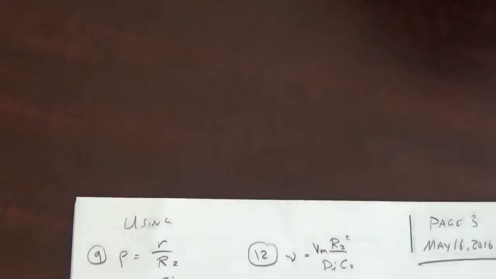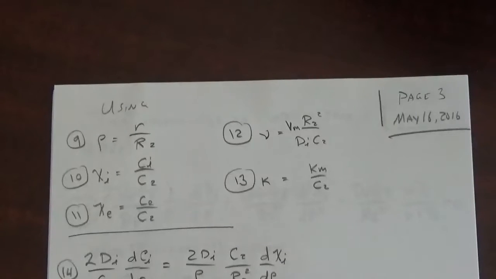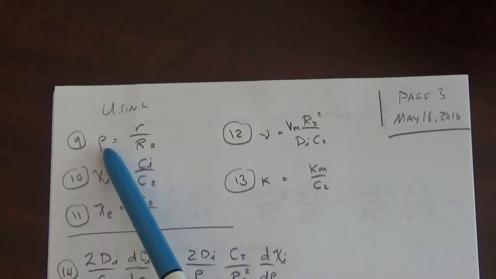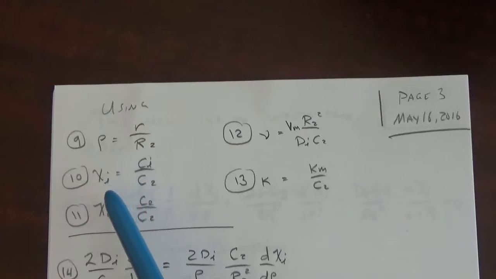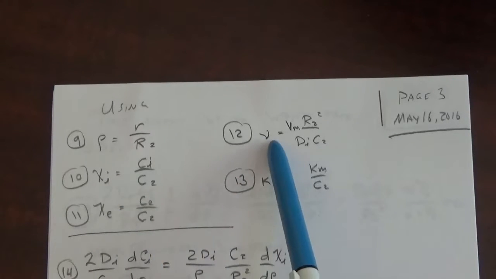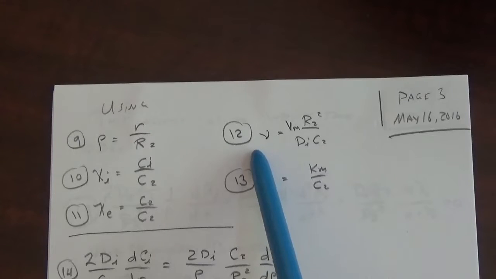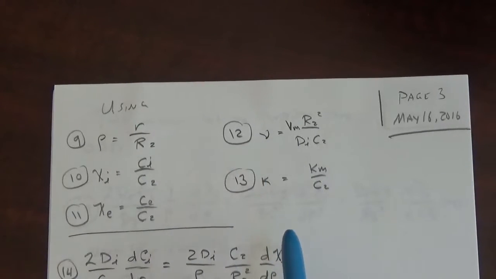Next step, we're going to convert to dimensionless units, and just as in the previous videos, we're going to use rho for dimensionless position, chi as dimensionless concentration. In this case, chi is going to be chi sub I or chi sub E, nu as dimensionless Michaelis-Menten saturation consumption, and kappa as the half saturation concentration, the non-dimensionless Michaelis-Menten expression.